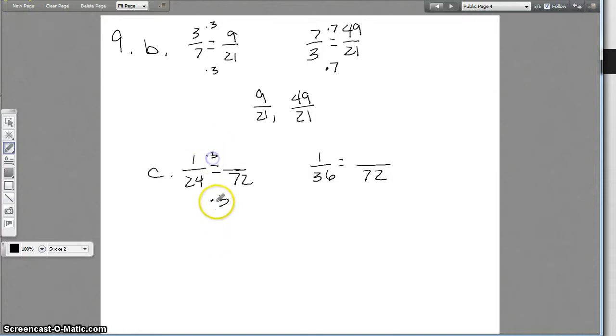So we're going to multiply our numerator by 3 and have 3/72. 36 has to be multiplied by 2 to get 72. So we will multiply our numerator by 2 and get 2/72. So our set of fractions is 3/72 and 2/72.